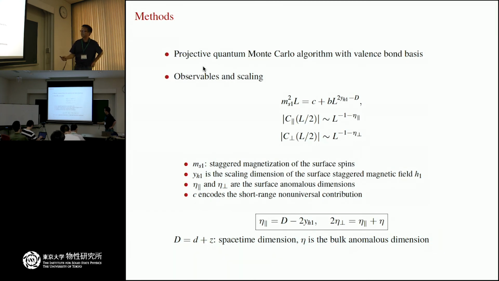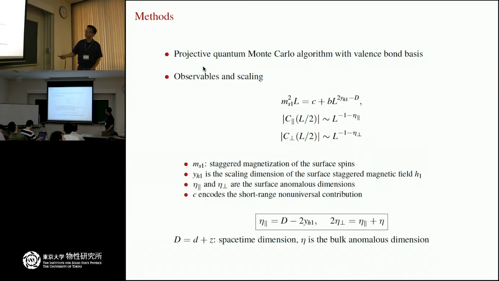For the Monte Carlo method, we use Anders' projective quantum Monte Carlo algorithm with valence bond basis, and in this case we measure the surface magnetization squared. This quantity behaves like the surface susceptibility in the classical case. So we expect a constant and a power-law part.